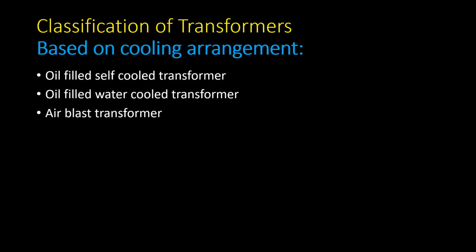In that case, the transformer is not immersed in oil, but it is housed in a thin sheet metal box, open at both ends, through which air is blown from the bottom to the top by means of a fan or blower. So air is forcefully passed through it and that is how cooling is provided. Such transformers are designed for low voltage rating. It is the air blast type transformer.